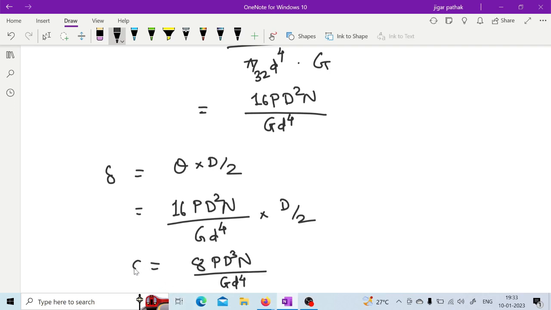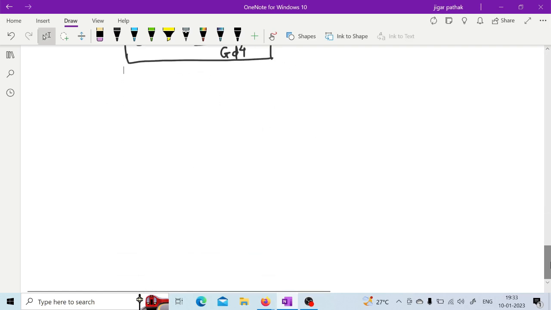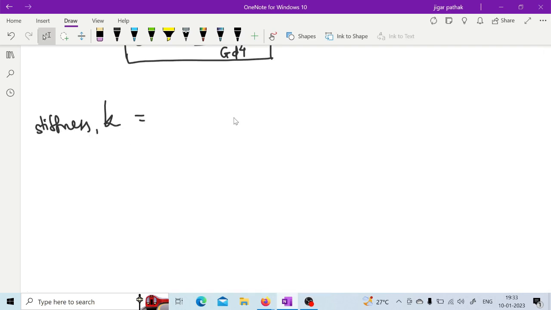So this is how you can have your deflection of spring, right? Now once you have deflection of spring, then you can also easily calculate the stiffness, right? This is stiffness. I am writing stiffness because K we are using for some other things also.